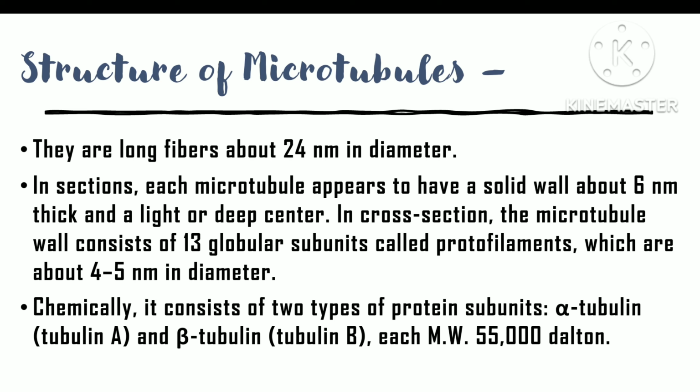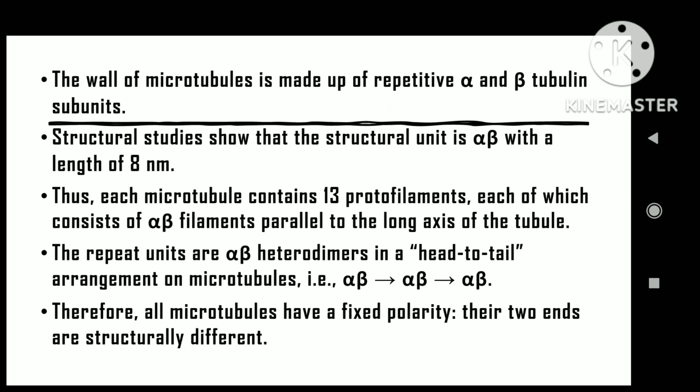Chemically, they are composed of two kinds of protein subunits, alpha tubulin and beta tubulin, each of MW 55,000 daltons. The wall of the microtubule is made up of a helical array of repeating alpha and beta tubulin subunits.